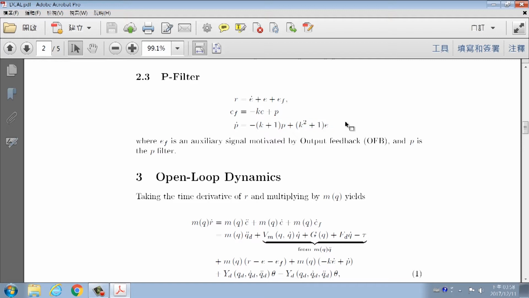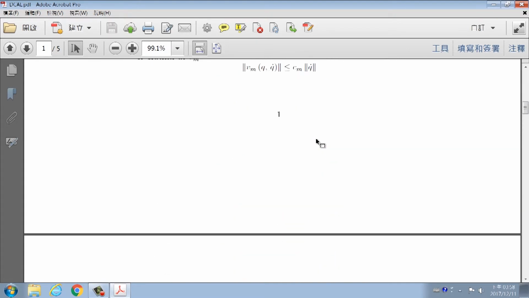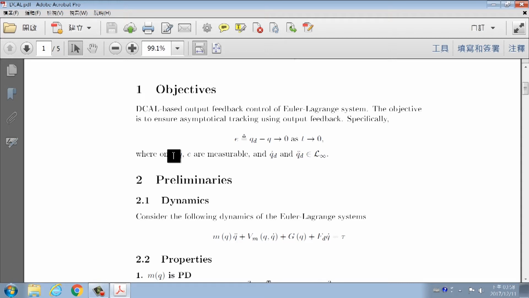To implement this filter, what you need is only the e signal, the tracking error. And the tracking error is only a function of your desired trajectory and your current position. So it doesn't contradict the assumption where only q is measurable.